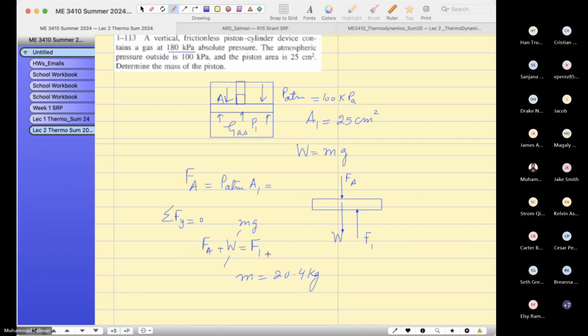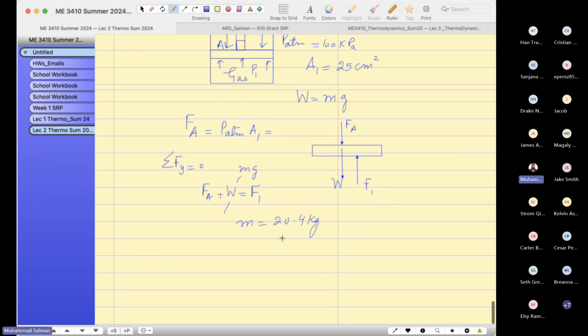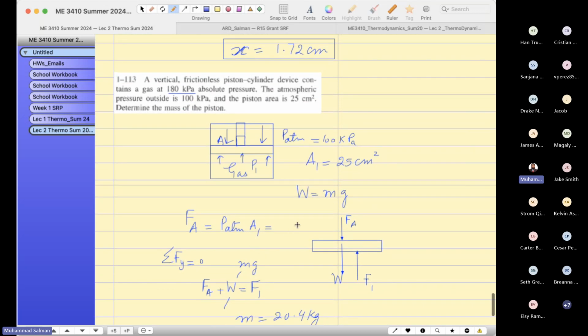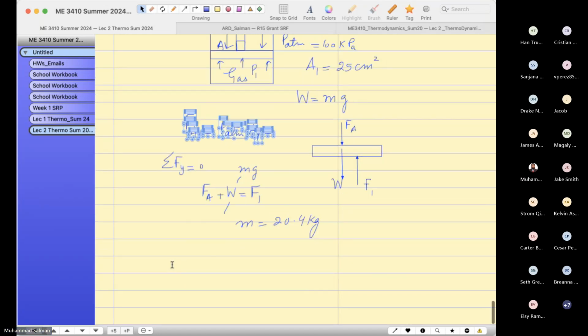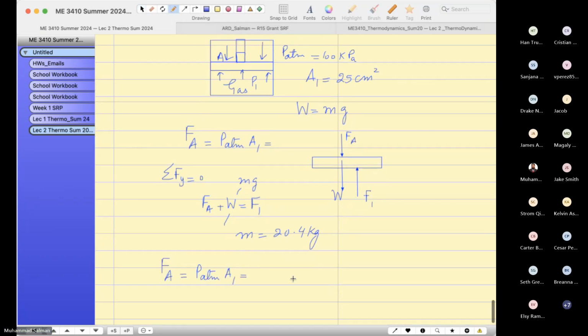If you want me to solve one question for you, I can do the calculation just for instance. Let's do one calculation for this one to make it easy for the students. So I'm going to copy this and do this for you.